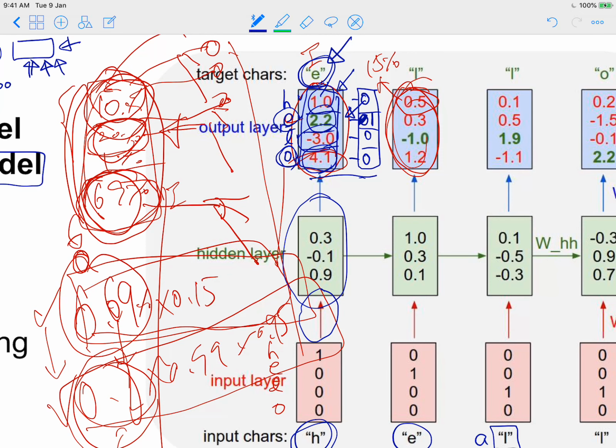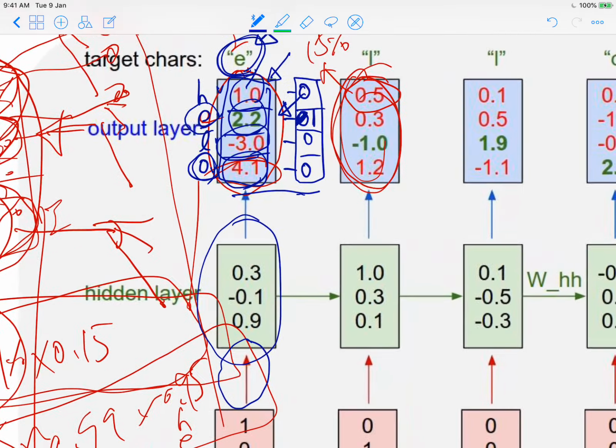But here, in the current iteration, we produced this character O instead of the ground truth character E, right?